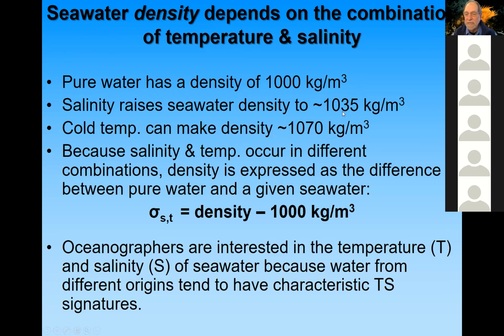So here's salinity on this graph. The average salinity of the ocean can vary from 0 up to about 40. So in a Mediterranean Sea, where there's high rates of evaporation, the surface salinity can approach 40.